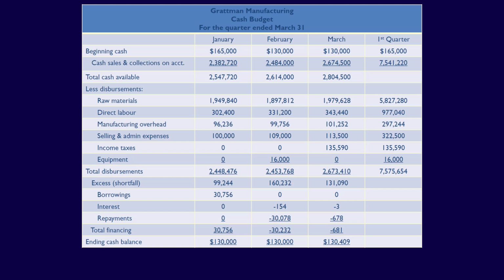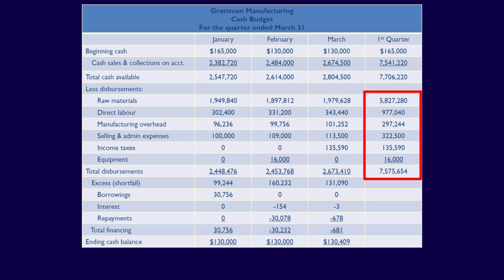We have to move on to the first quarter. We already have the opening balance of $160,000, the beginning balance on January 1st. We can therefore calculate the total available cash as beginning cash of $165,000 plus cash sales and collections on account of $7,541,220 for total cash available of $7,706,220.